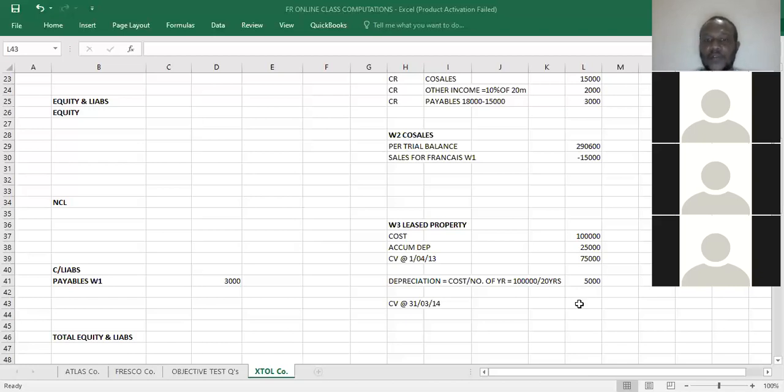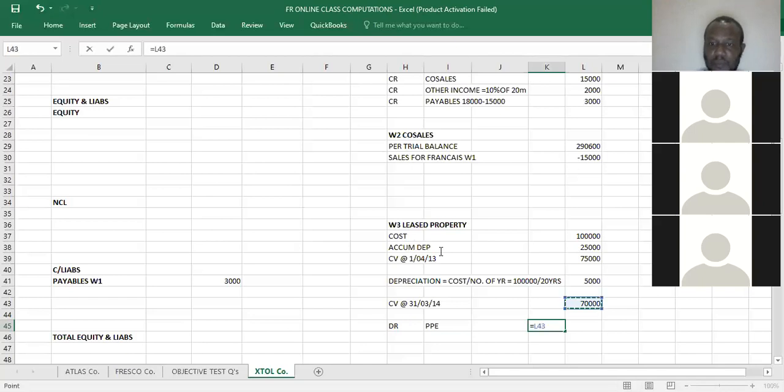Okay, so our carrying value, if we had our depreciation for 20 years, will be equal to the book value at the beginning of the year minus the depreciation for that year. And so we'll know that we're debiting, if you will, PPE with the carrying value at the end of the year.